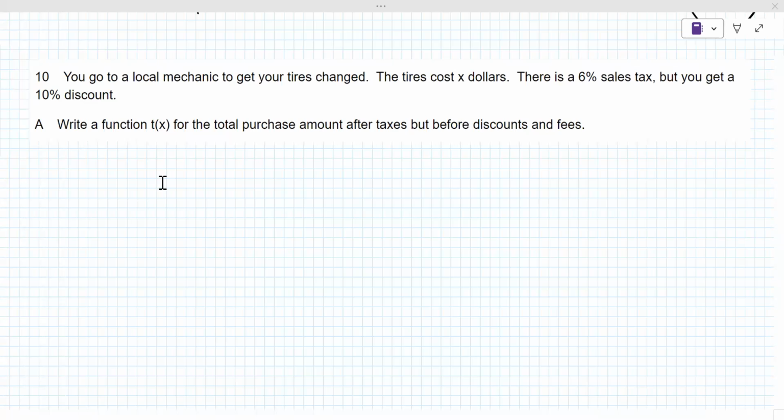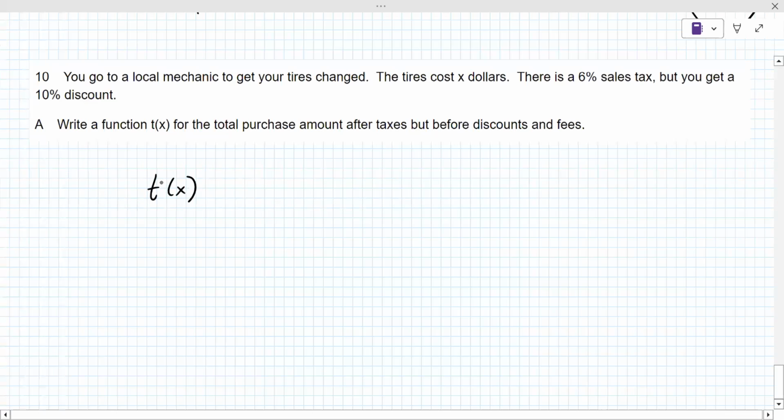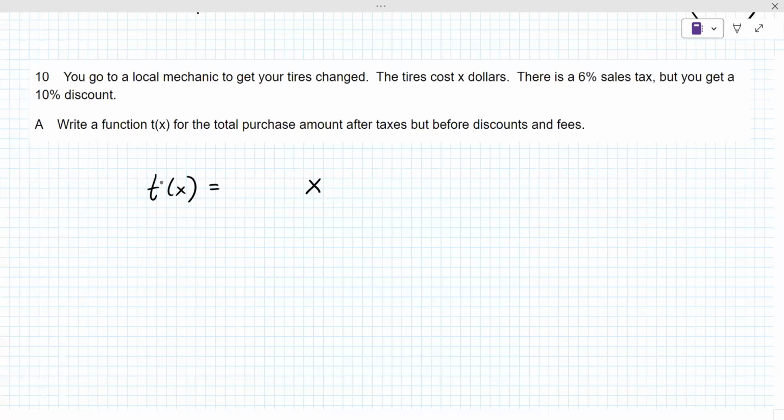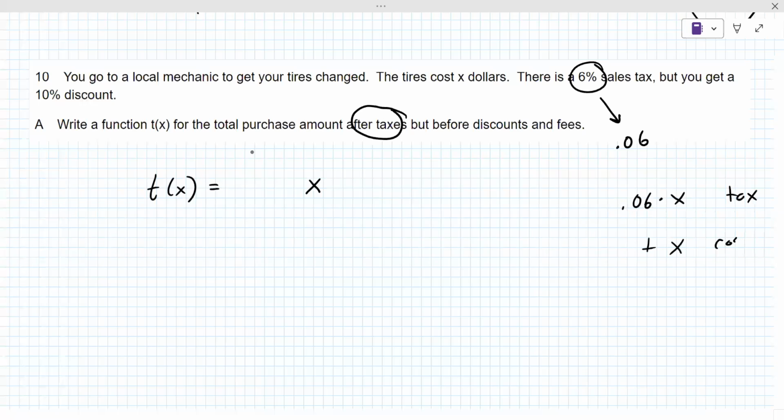Since x is the cost of the tires, but you have taxes, and the tax is 6%, which is 0.06. But here's the thing, if you multiply 0.06 times x, that only gives you the tax. You have to add it to the original cost to get the total. And the total becomes 1.06x.